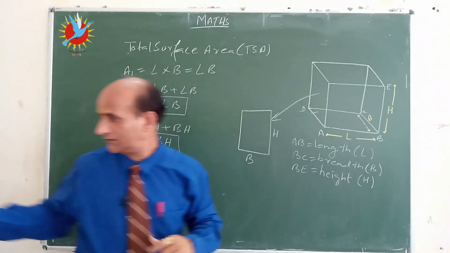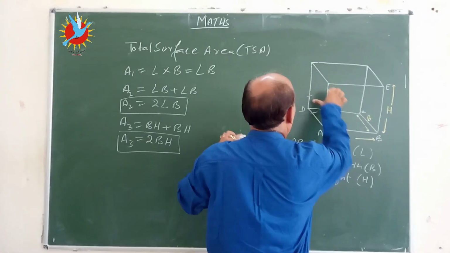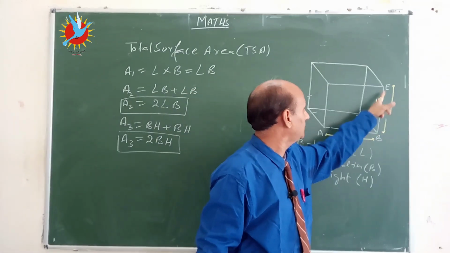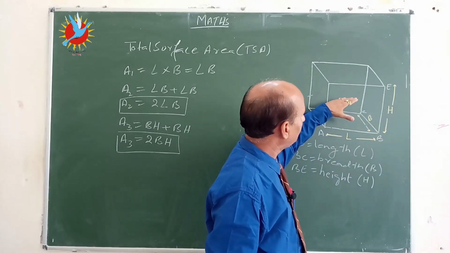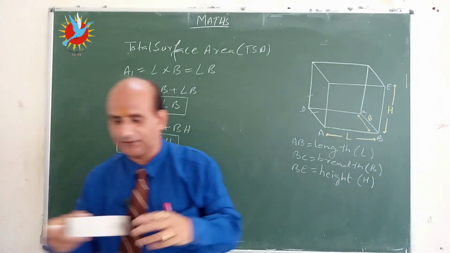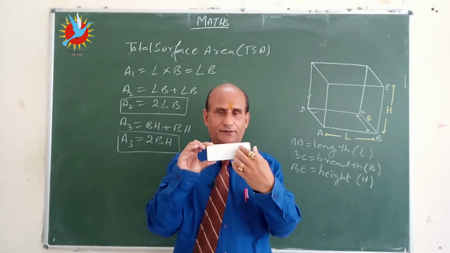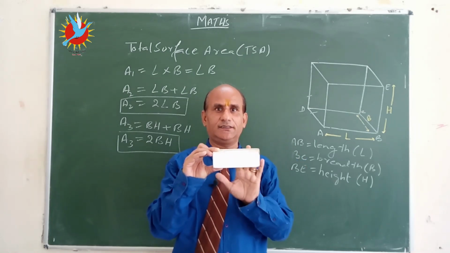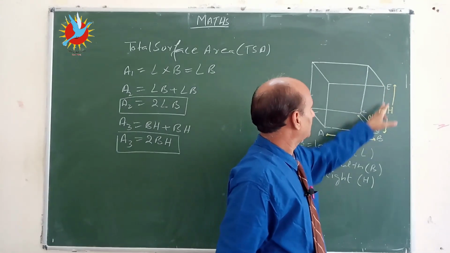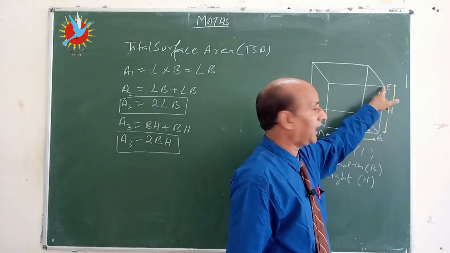Now two surfaces still remain. Which ones? The surface which is just in front of you, this one, and the next is just behind this. Suppose this is the duster and this is the front surface and the surface just behind it is this one. If we consider this surface, then its dimensions are length and height.